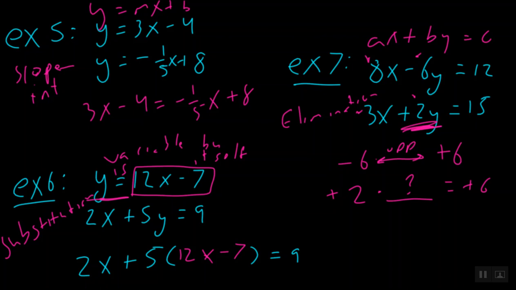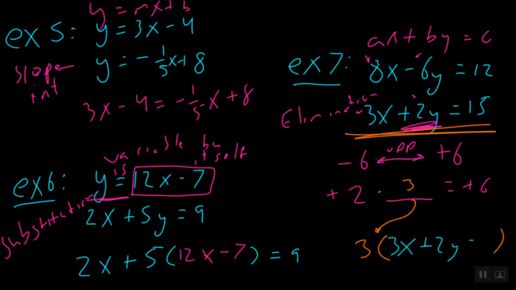And hopefully you're going to say positive 2 times 3. So what are we really saying? We're going to do 3 times our very first line, 3x plus 2y is equal to 15.